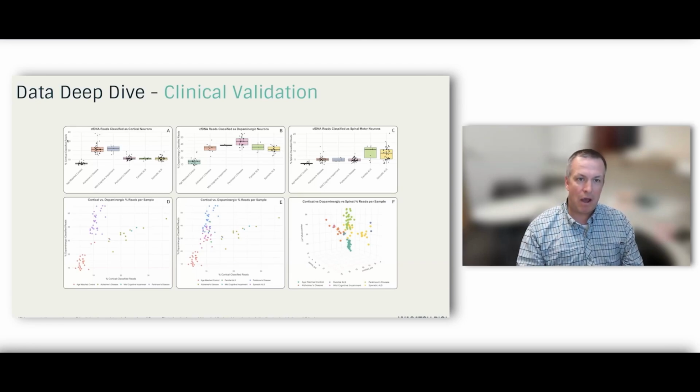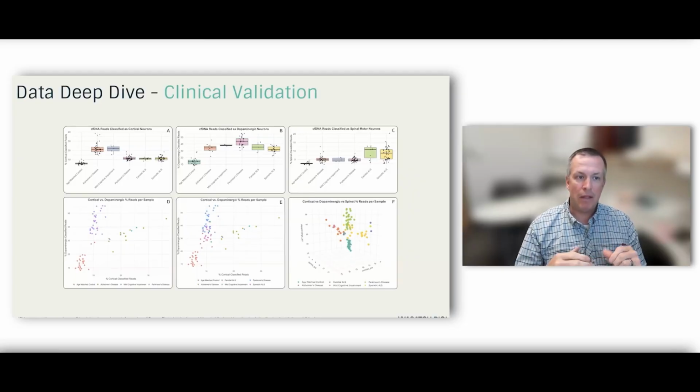So if you look at this top row, starting from A, B, and C, we looked at cortical neuron models, dopaminergic models, and spinal motor neuron models. If we look at the cortical models, we would expect to see, because Alzheimer's is a disease that is mostly associated with cortical neuron cell death.